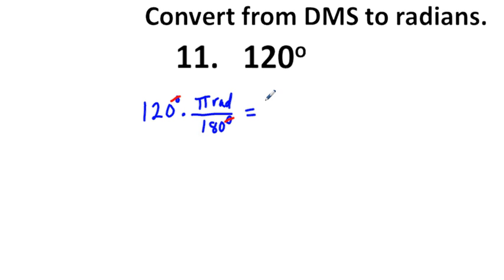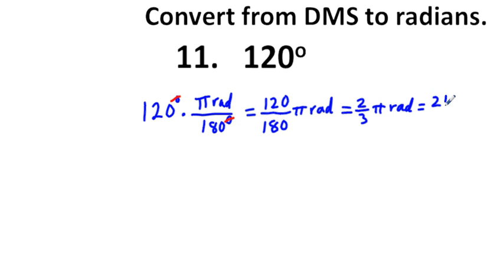So we're left with 120 over 180 pi radians. And 120 over 180 simplifies to 2/3. So we're going to get 2/3 pi radians, which is the same as 2 pi over 3 radians. So that is going to be our answer for problem number 11.